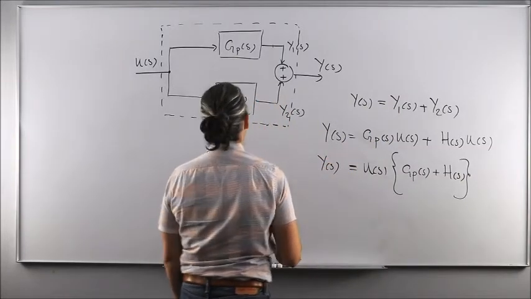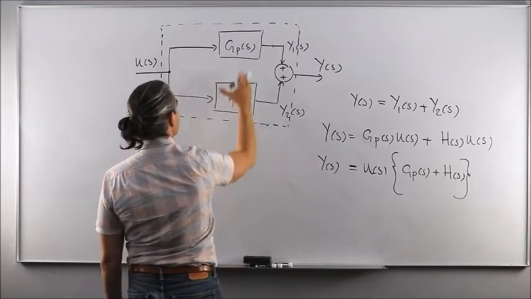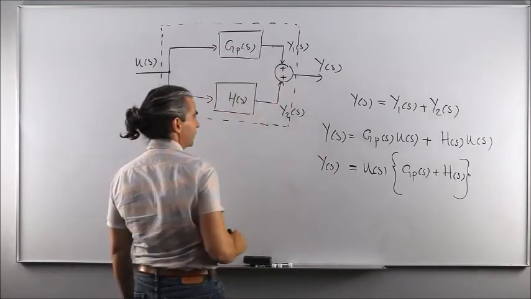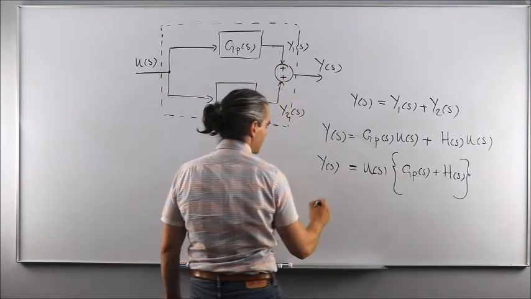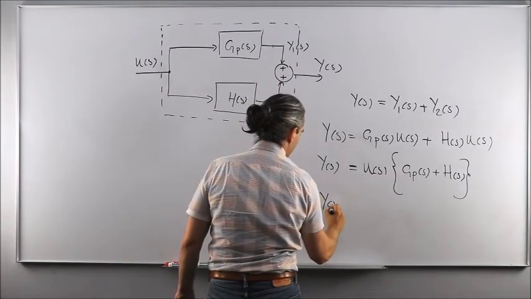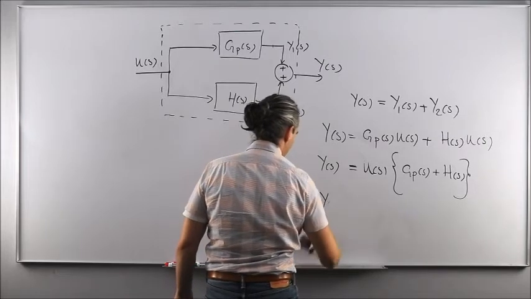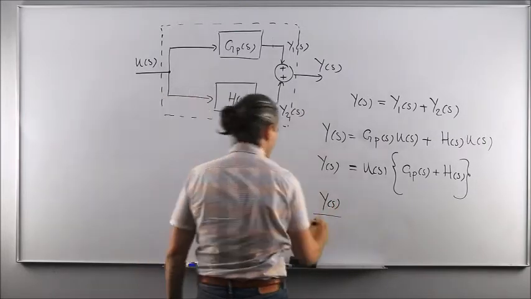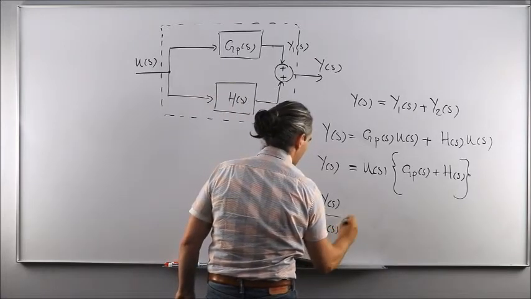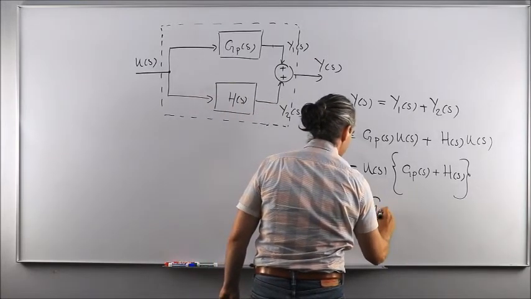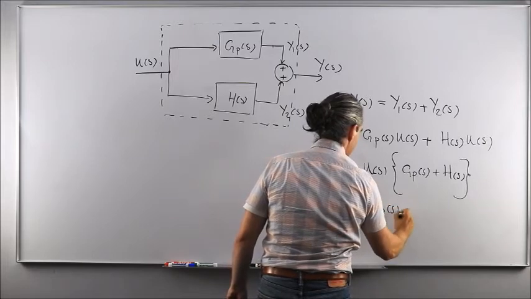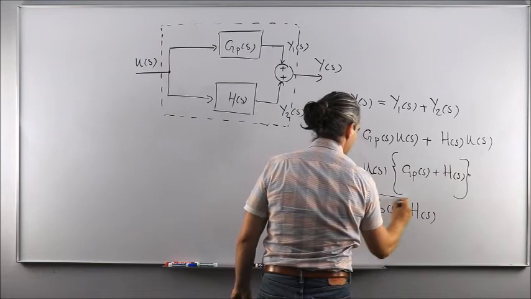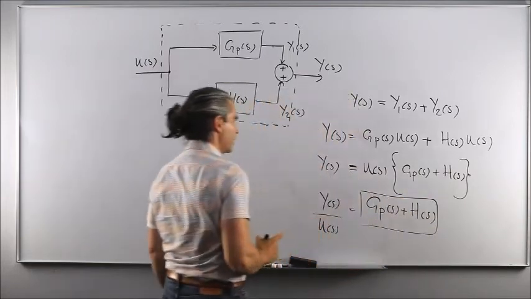And if you're looking to find the net transfer function of those two elements and the summing element as well, that would just be the output, global output, Y of S, over the global input, U of S, will simply be equal to GP plus H of S. And that would be the combined transfer function.